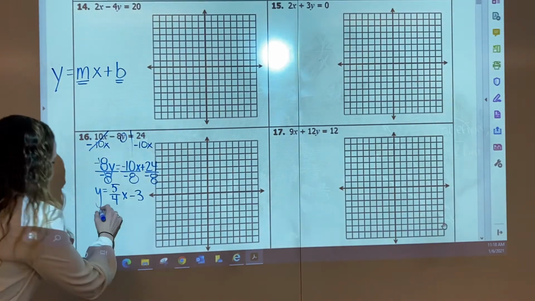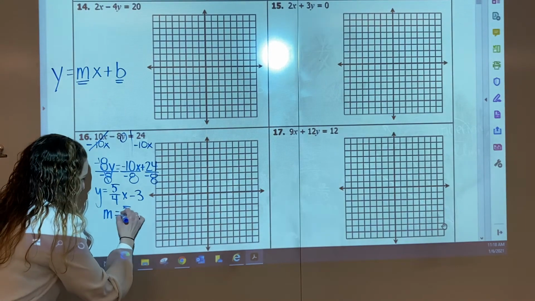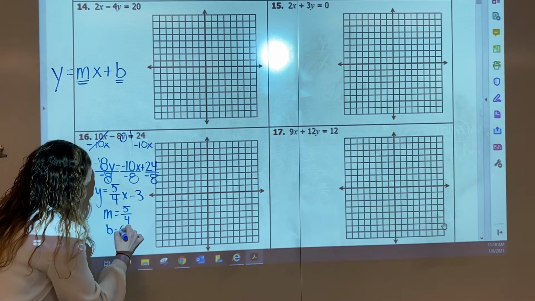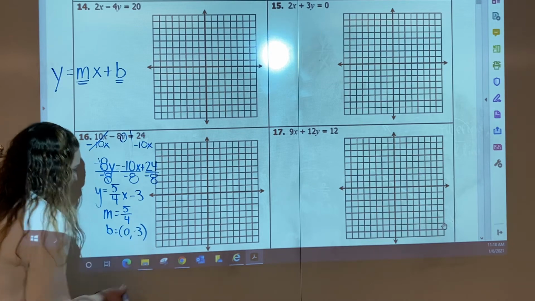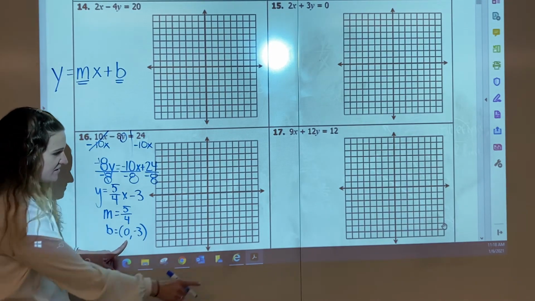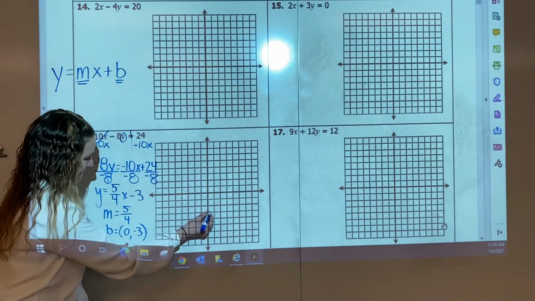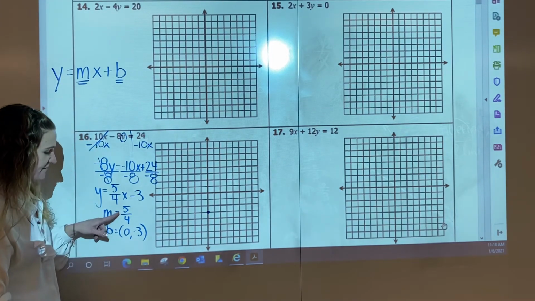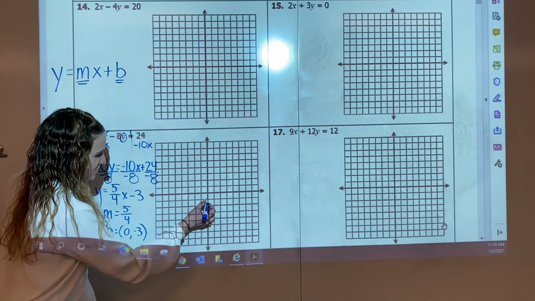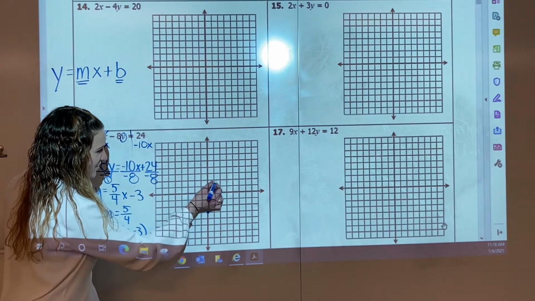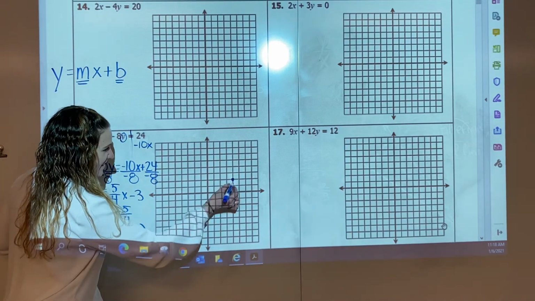So now we have to do our m, which is 5 over 4. Our b, our y-intercept, is 0, negative 3, which is where I'm going to need to start. So from my origin, I'm going to go down 3, put the point, and then from there I need to rise 5 and run 4. So 1, 2, 3, 4, 5. 1, 2, 3, 4. Got it?